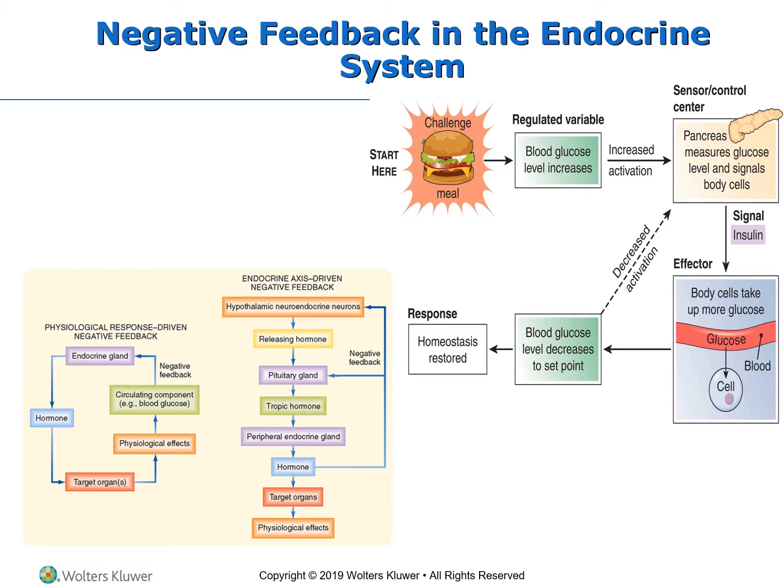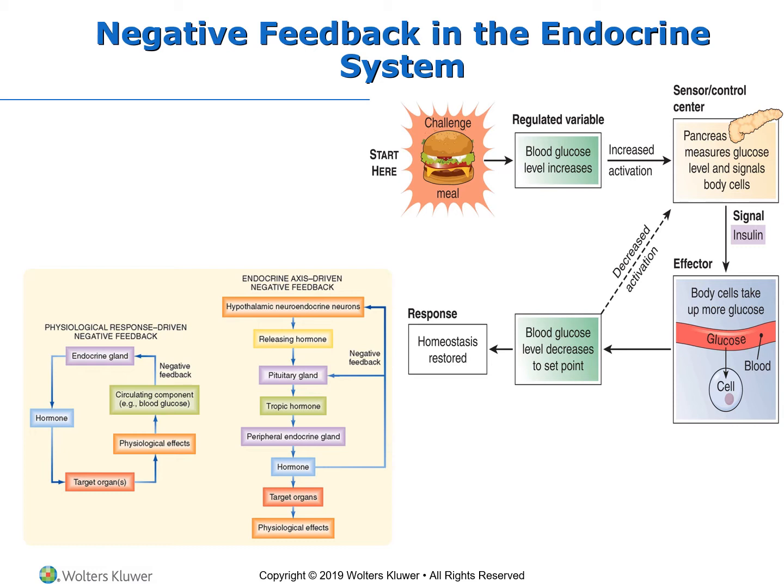In a normal person, someone that doesn't have any conditions or diseases, those drops will not go under the threshold, under the preset thermostat point. And when the blood glucose gets back to the set point, which is considered the normal level, homeostasis is restored.